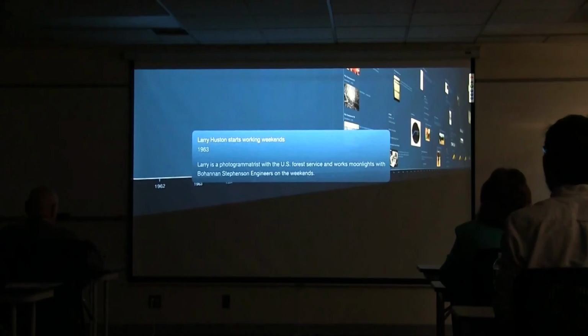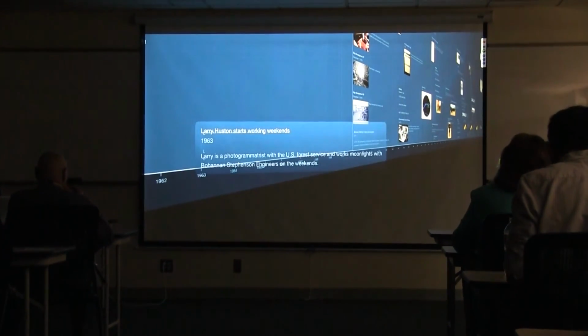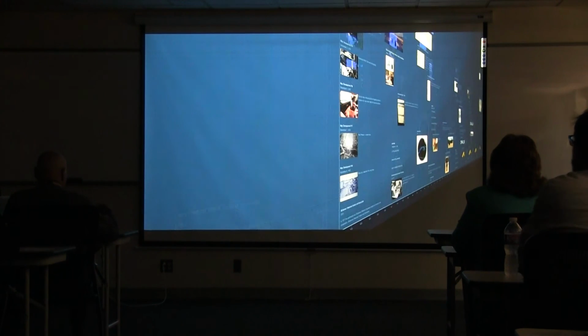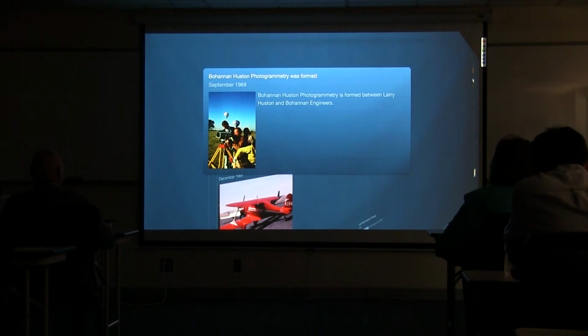And Jerry had convinced him to come on and do some photogrammetry for the engineering work that we were doing. And then in 1969, Larry joined the company, and we started the formal service of photogrammetry and mapping.